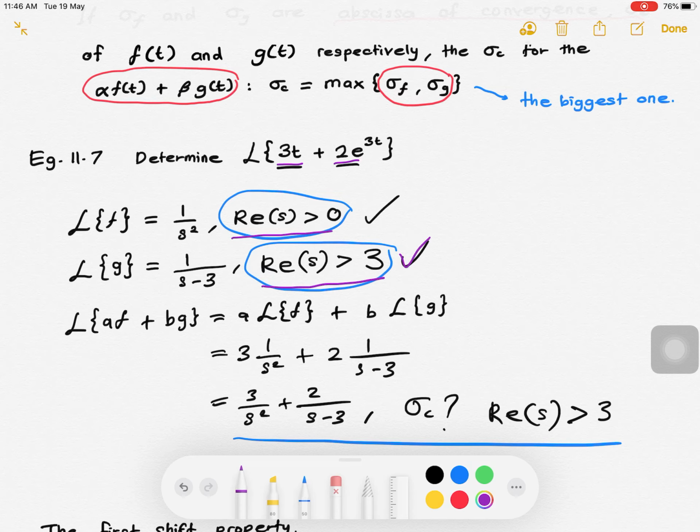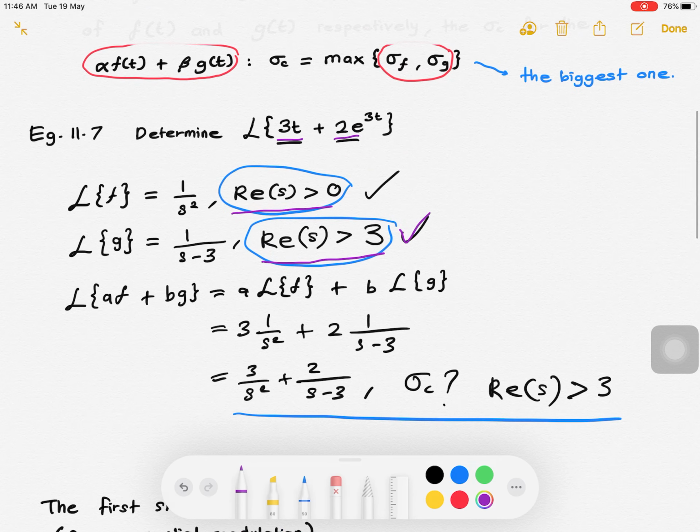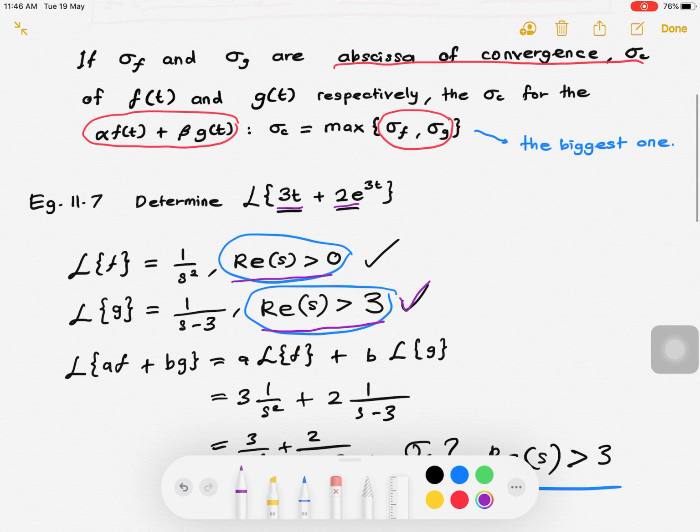For this one, why it is bigger than 3, you can learn in example 11.3 or 11.4. When the function is in exponential form, the value of the abscissa of convergence, epsilon c, can be different. So it seems that when it is 3, it will be 3. But you need to learn how to get that.